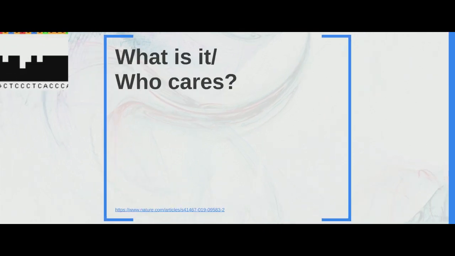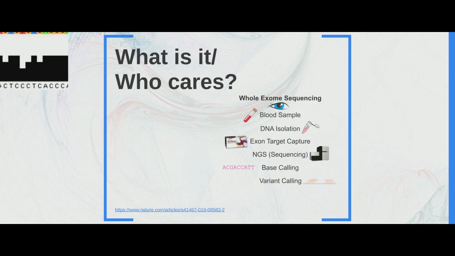The reason that I care about it comes from probably a reason that a lot of you guys are interested in genomics and genetics in the first place, which is trying to figure out answers to different diseases. So I have on the right a standard workflow if you were doing whole genome, or in this case, whole exome sequencing. For us, we have patients that are seen in a neurology clinic that have terrible neurological diseases.